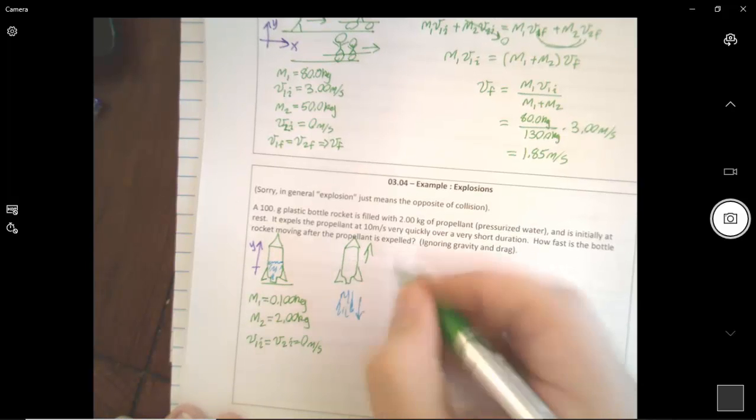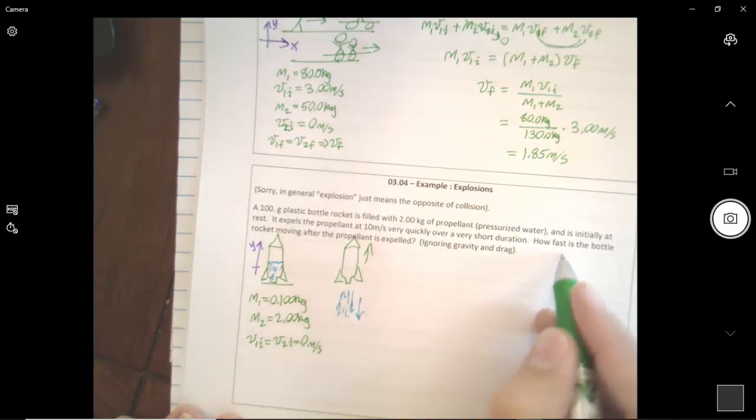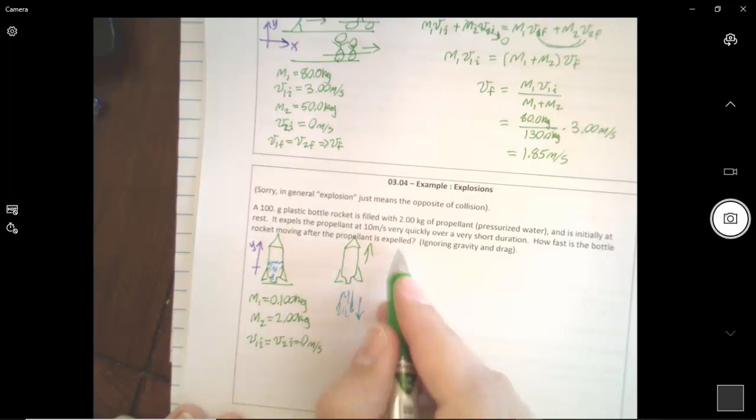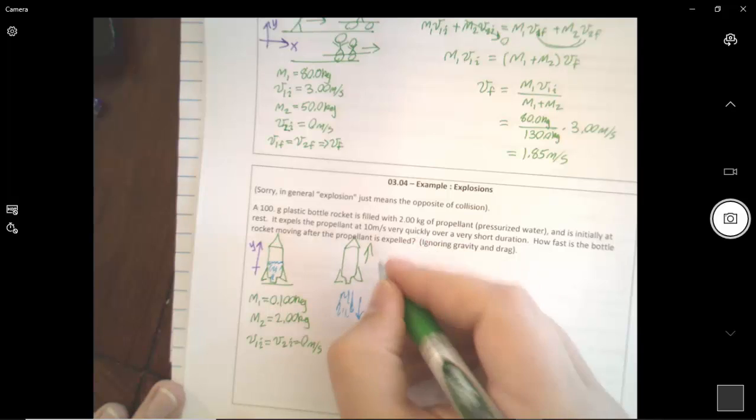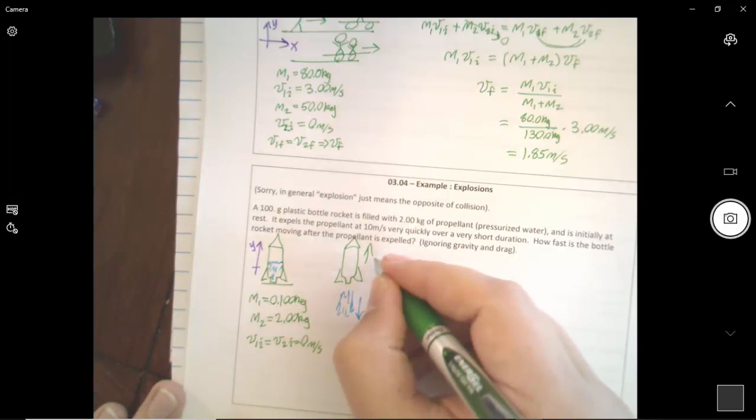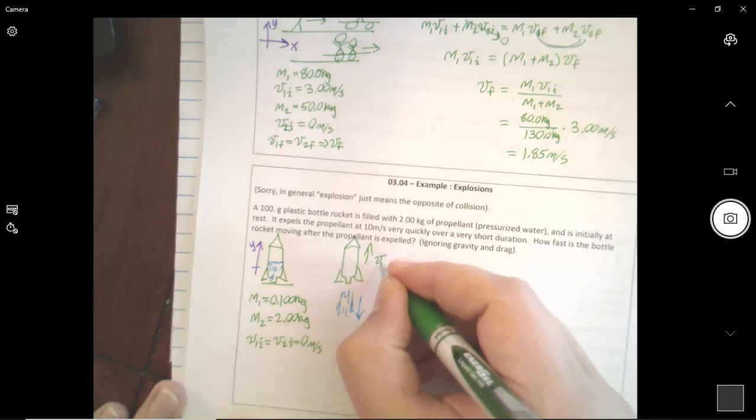Now, the question is intending to find what is the velocity of the bottle after the water is propelled. So we're trying to find V1F.